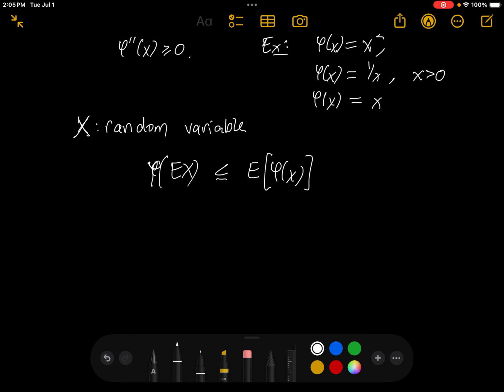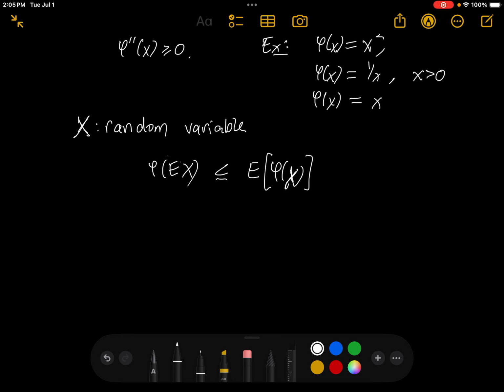Just to clarify what's going on, the left-hand side is a number. You take the expected value of x, that's a number, you plug that into phi, and that gives you a number. On the right, you take your random variable x and you take phi of x.